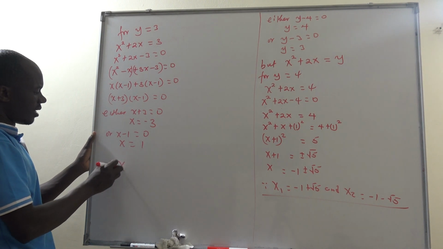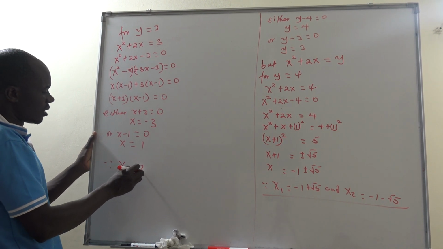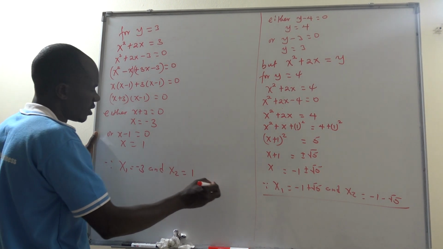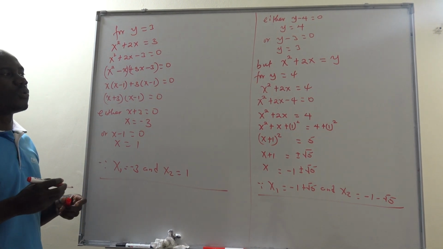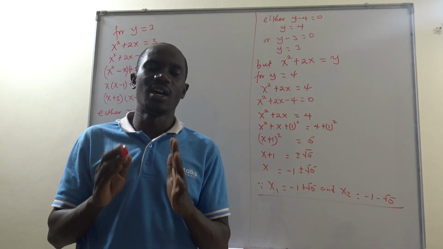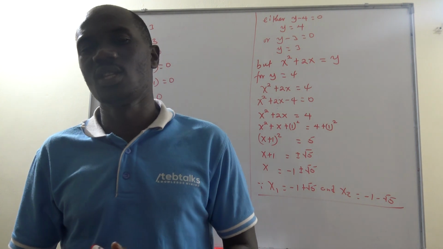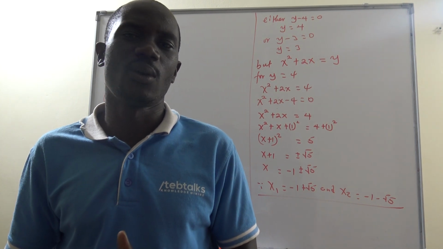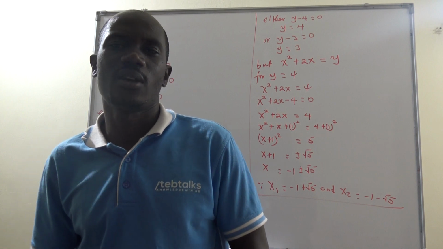Therefore, x1 equals -3 and x2 equals 1. That's how we solve a number in that way. Never fail a number which comes when it is very simple for you. Those 5 marks, always pocket them, as we are going to go to other examples.